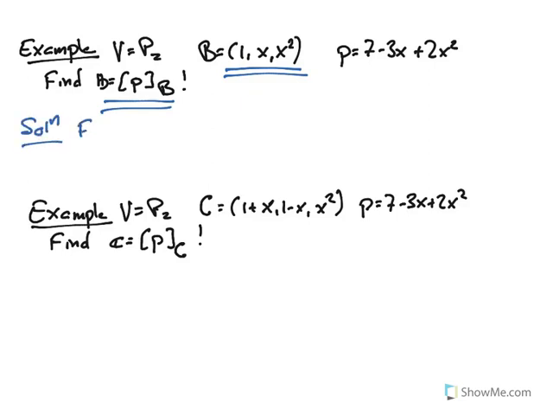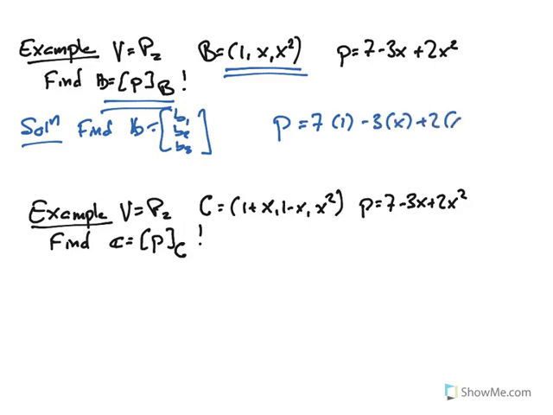We want to find the vector b that has these expansion coefficients, and this is very easy in this case because p is 7 times 1, minus 3 times x, and 2 times x squared.